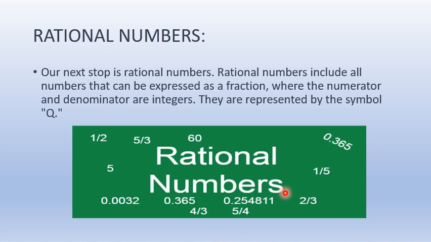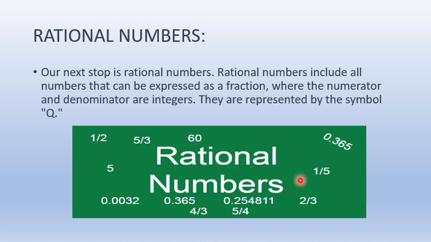Now what is a fraction? When you write a number in a p divided by q form, in a division form, where the numerator and the denominator are integers. Rational numbers are represented by the symbol Q. As you can see over here, there are examples of rational numbers.